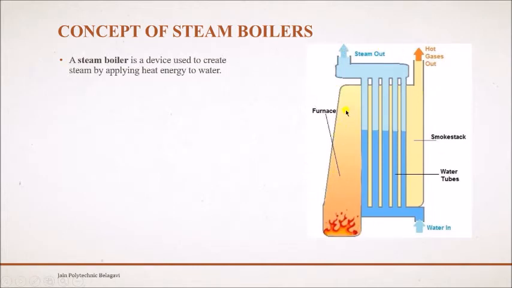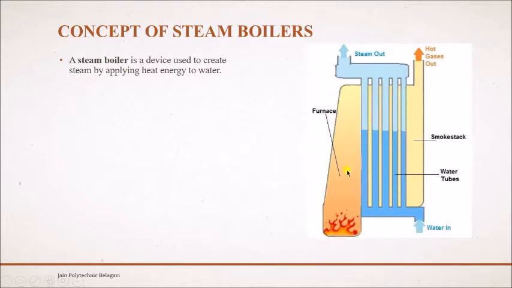At one end there will be a furnace where the burning of coal takes place, and there will be water tubes. Whatever water is there is made to flow through these tubes, and when the coal is burnt, heat is produced, and this heat passes through these tubes. So what happens? The water in the tubes gets converted into steam.